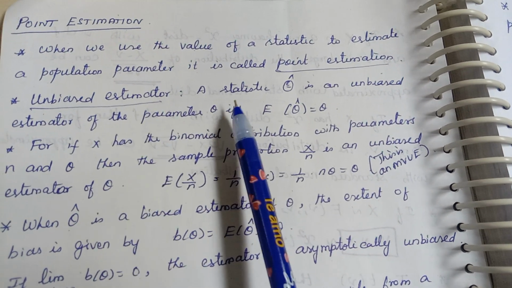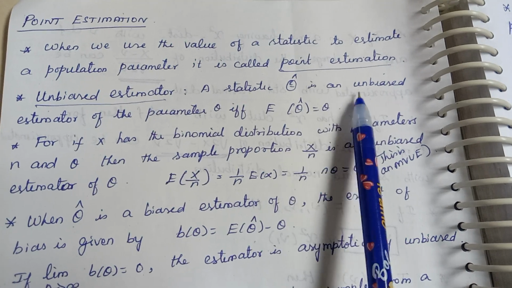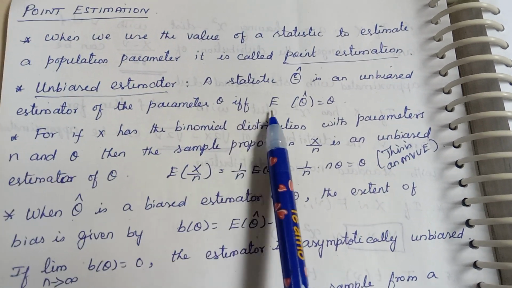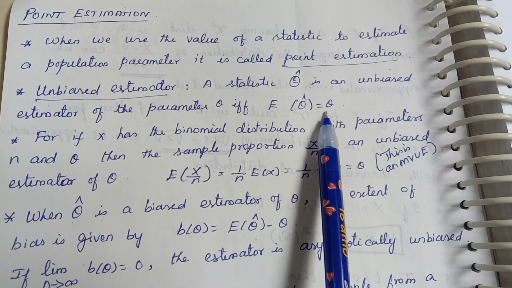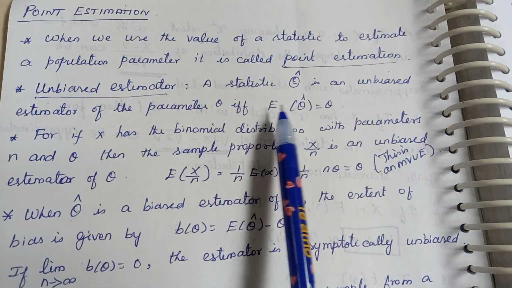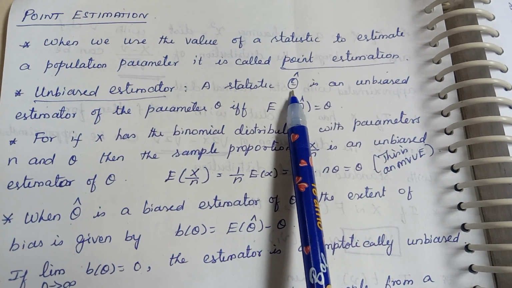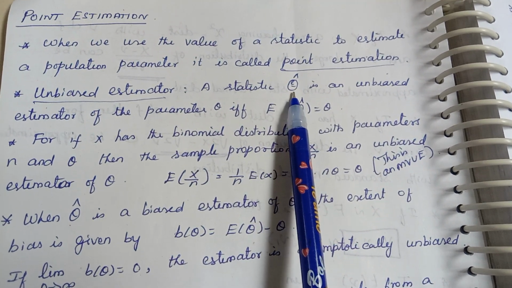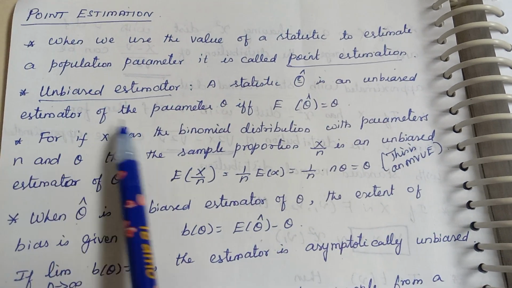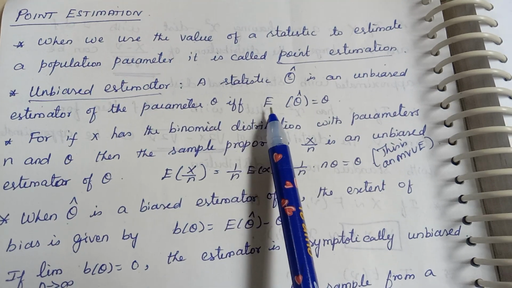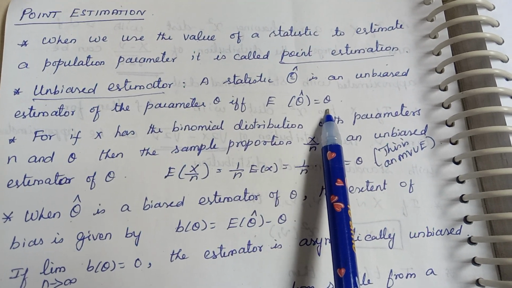Unbiased estimator. A statistic theta cap is an unbiased estimator of population parameter theta if and only if expectation of theta cap equals theta. Hope you understand this one. For example, suppose theta cap is the mean of a sample. The mean of the sample is an unbiased estimator for parameter theta, that is the mean of the population, if and only if expectation of theta cap equals theta.